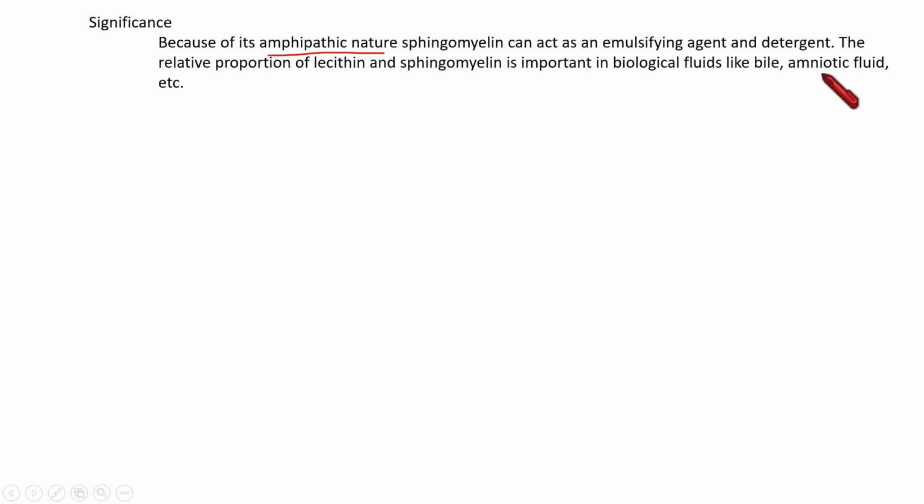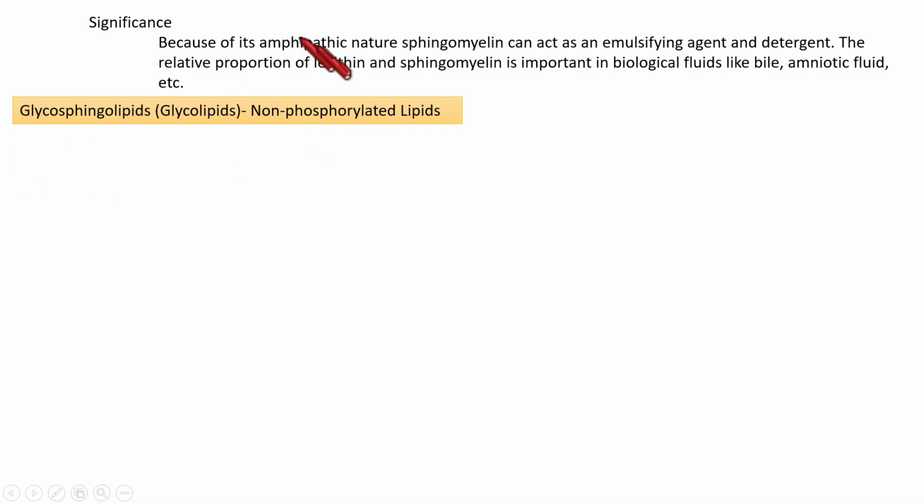And at that time, I told you that it should be 2. If it comes down, it indicates that the lungs are not working properly. So anyway, the relative proportion of lecithin and sphingomyelin is important in biological fluids like bile, amniotic fluid, etc.